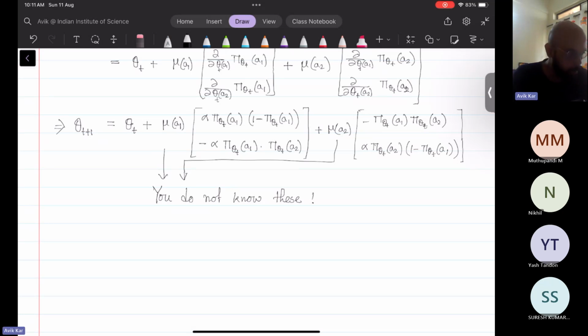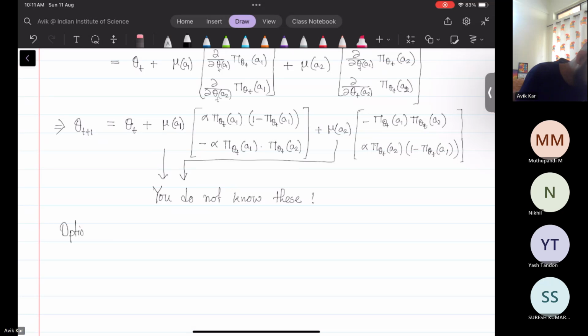Say at theta t, you have sampled arm 1. So arm 1 has given you reward R_t. Actually here we have two options.